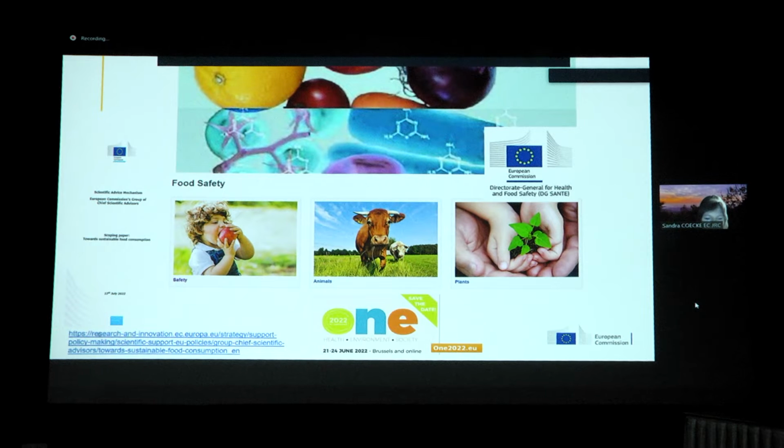We were very close also to the funding, where the funding comes from, DG RTD, research and development at that time. But we also work very closely with Santé. And all things are linked. When you show this slide: human health, safety, efficacy, animal health, safety, efficacy, environment, plants, everything is linked.